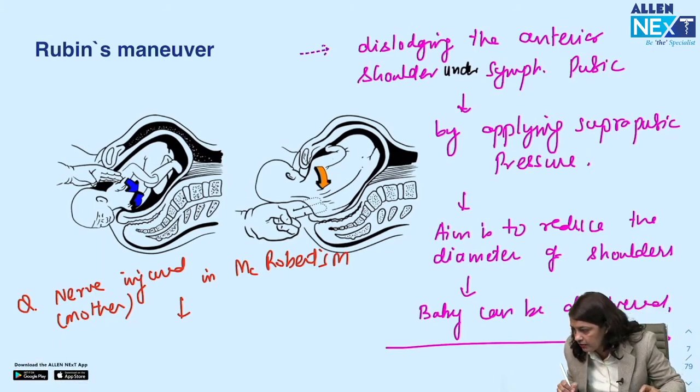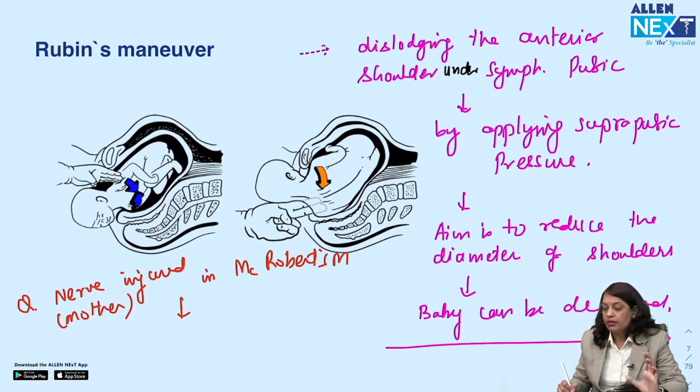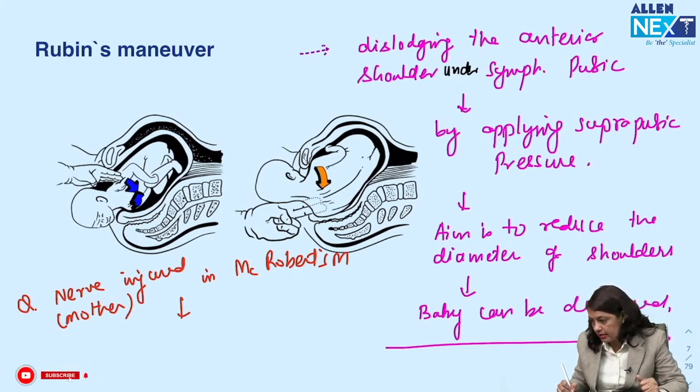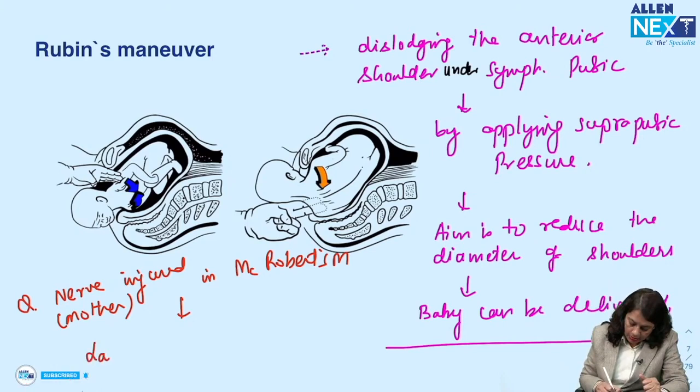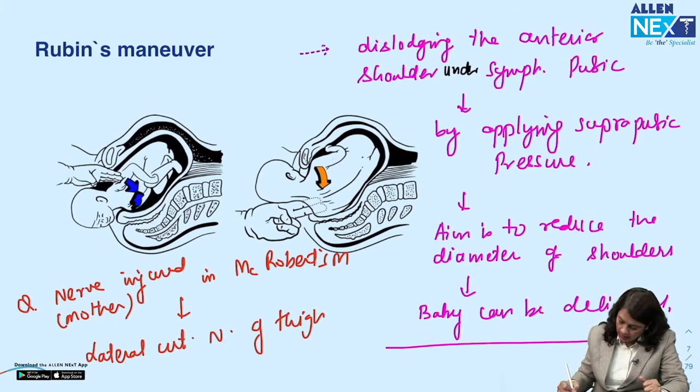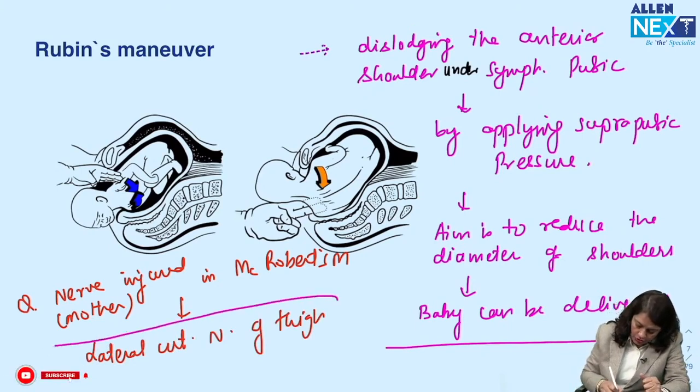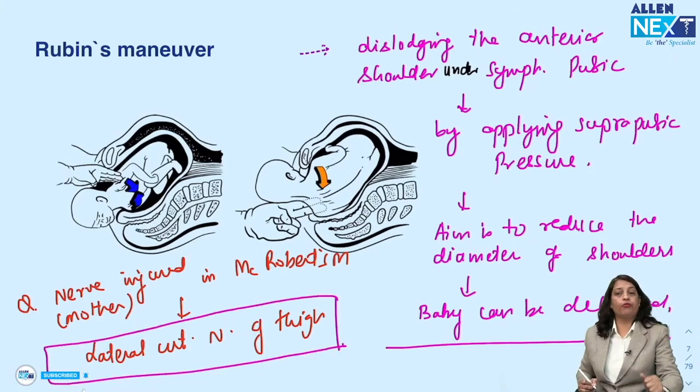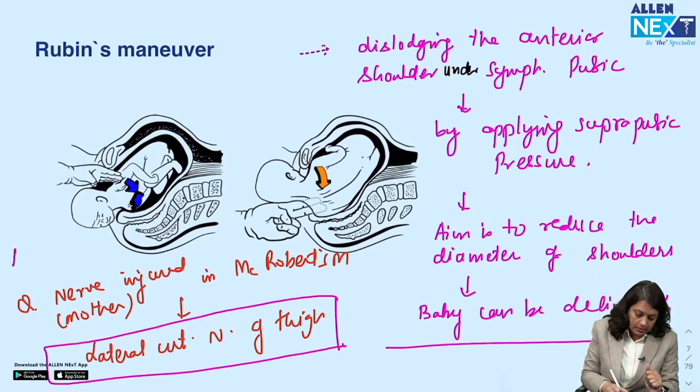What is the nerve that is injured in a case of the McRoberts maneuver? What is the nerve in the mother? So the answer to this question is the lateral cutaneous nerve of thigh, which is likely to get injured in cases of the McRoberts maneuver. This is a question from AIIMS PG.